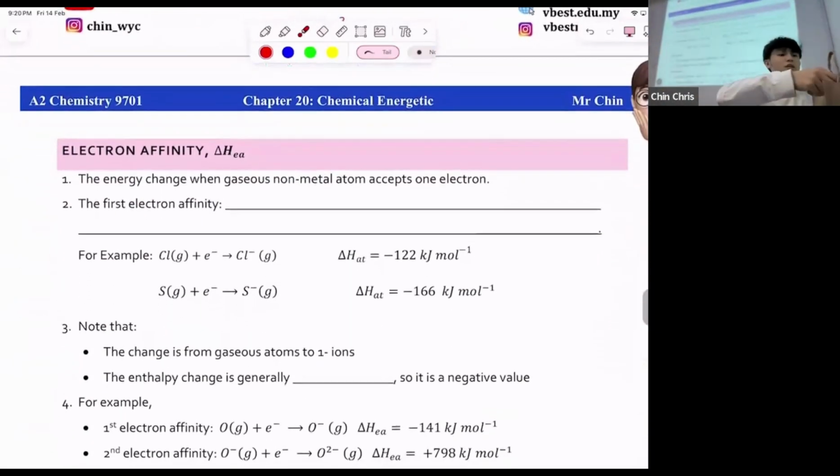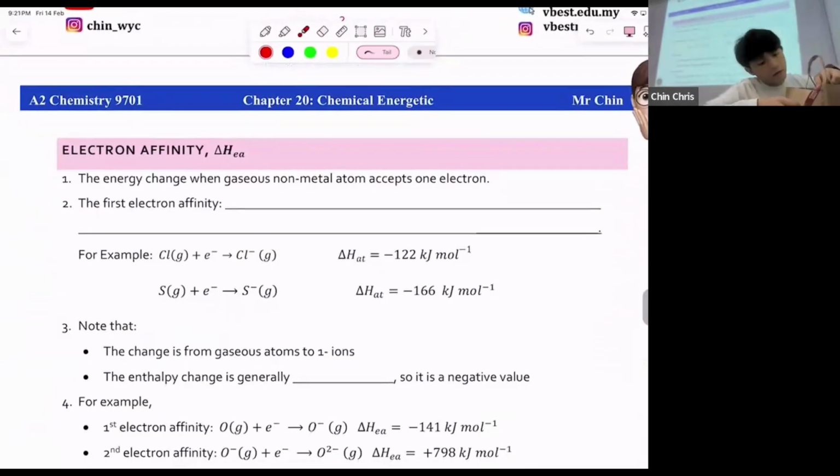All right, guys. Now, what is electron affinity? Electron affinity, we call it the ability to receive electrons. So it's just the opposite of ionization energy.